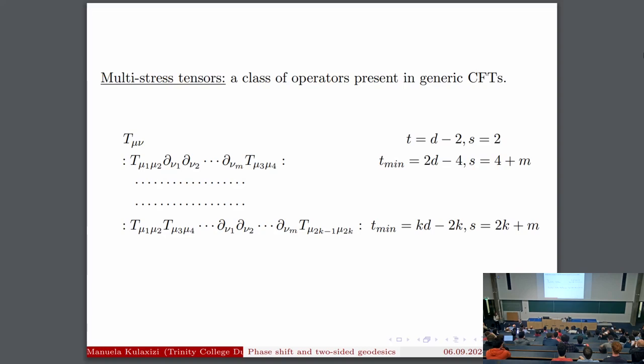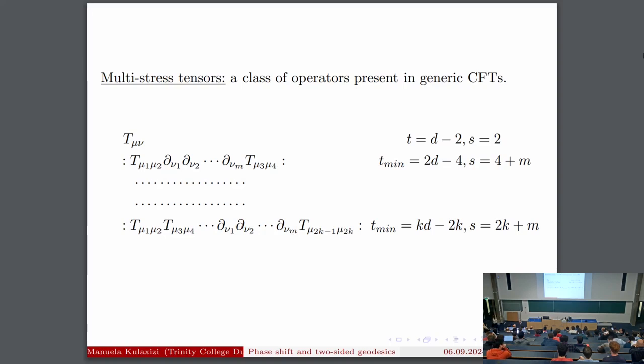So the focus here will be on something that we will call a sector that shows up in many correlation functions, and that we term the multi-stress tensor sector. This contains a class of operators that are present in these generic holographic CFTs, made out of the basic building block of the energy-momentum tensor. So I schematically have them here.